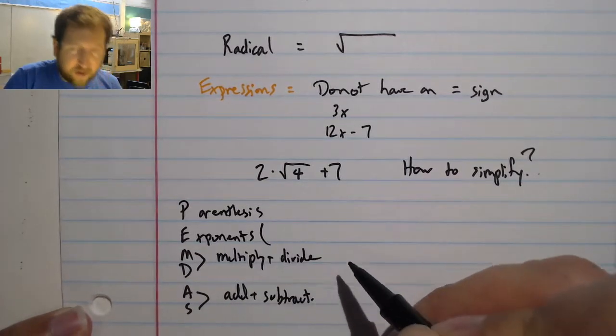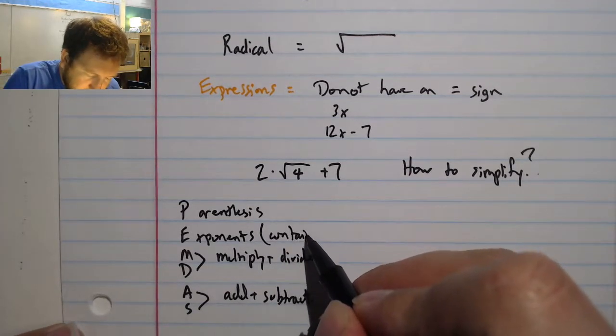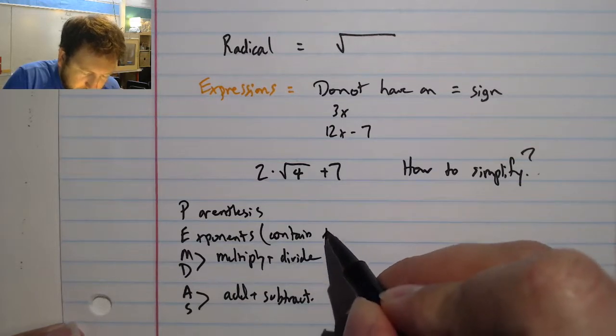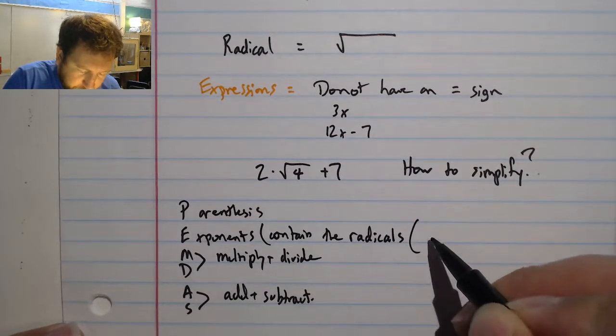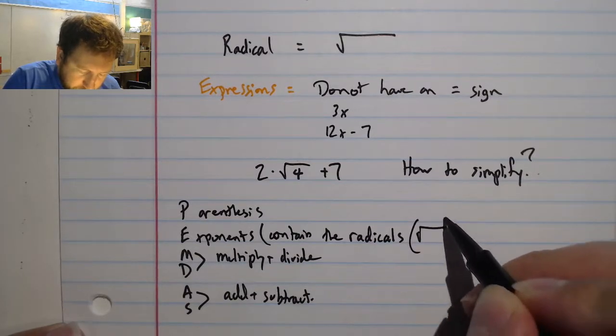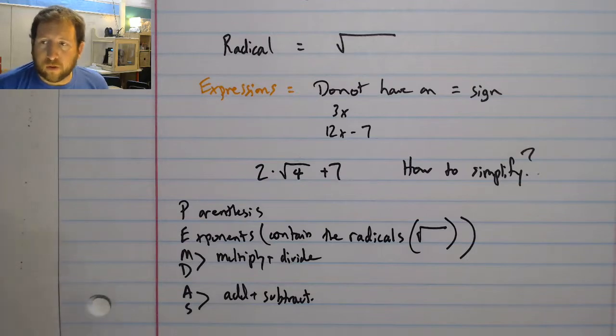But our exponents, they contain our radicals. And that's really going to lead us towards what we need to do.